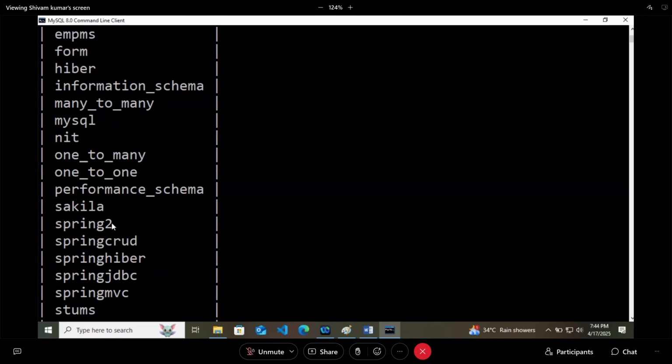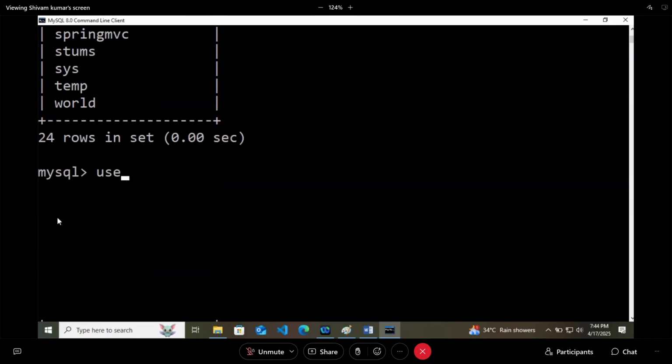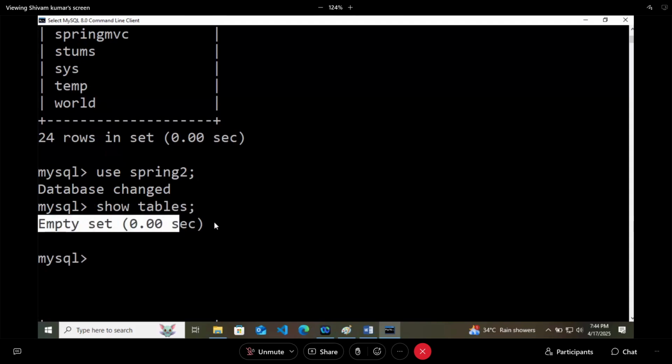And here you can see Spring 2. This is an empty database as of now. If I try to check tables inside this database, it is saying empty set. Empty set means no table is there.